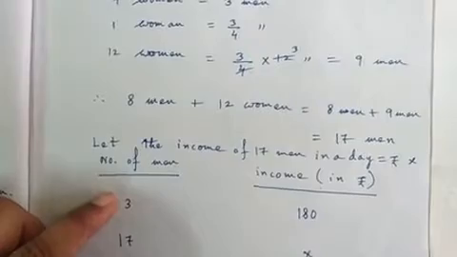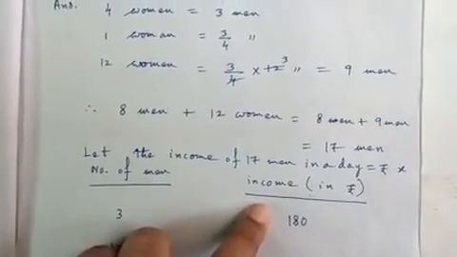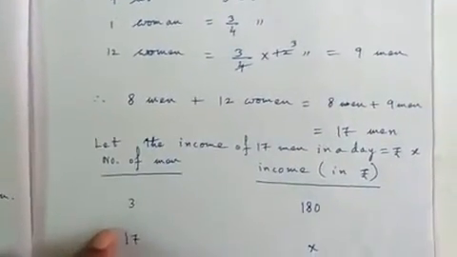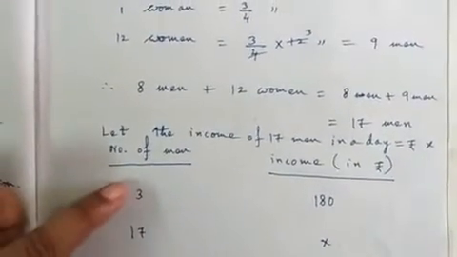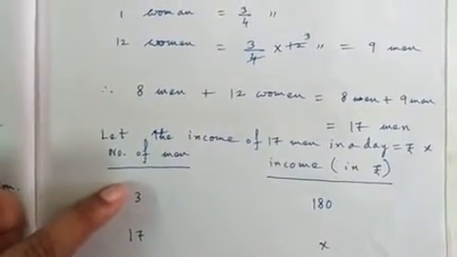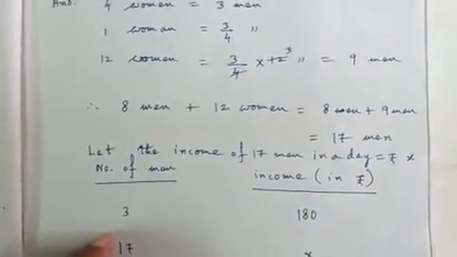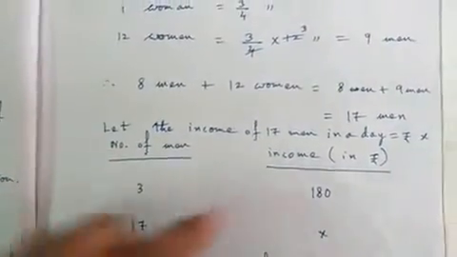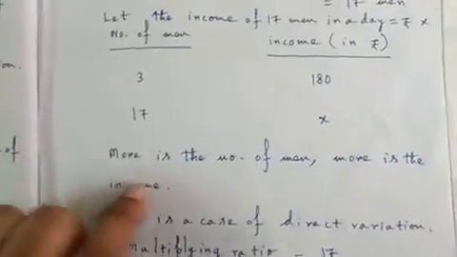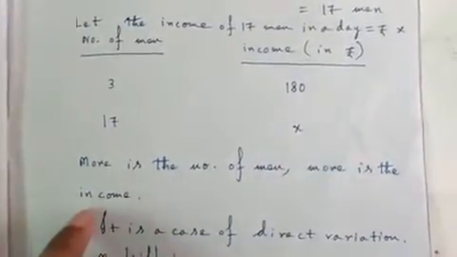First, 3 men earn this much money in a day. 17 men earn x rupees in a day. So if in one day 3 men can earn this much, 17 men in one day will earn more. So it is increasing, and this is also increasing. So it's a case of direct variation. More is the number of men, more is the income.